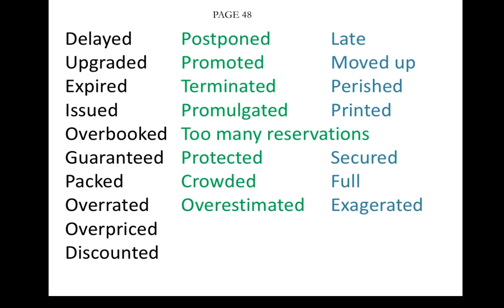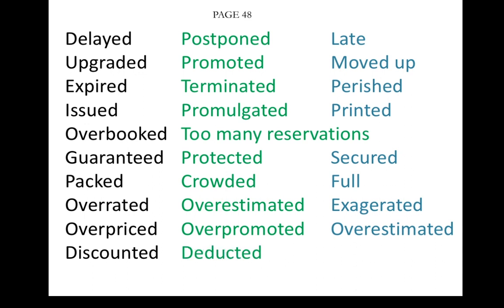And the same thing happens with the prices. When you go to a restaurant and the restaurant is actually not so good, but the prices are really high, it means that the restaurant is overpriced or overpromoted or overestimated.